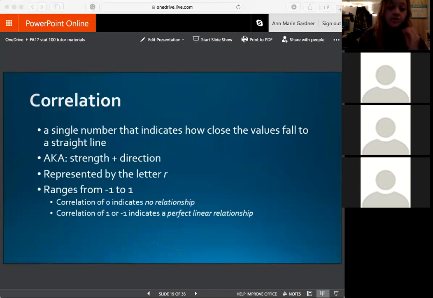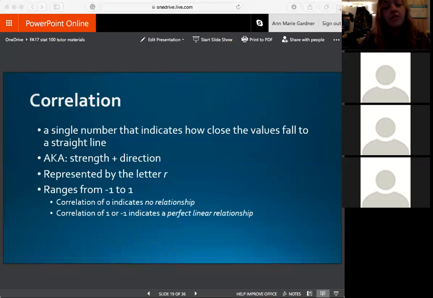We call it strength plus direction because that's what it's discussing. The strength is a value between 0 and 1, and the direction is whether it's negative or positive. Technically the sign isn't part of the value, it just shows us the direction. A correlation of 0 shows there's no relationship.